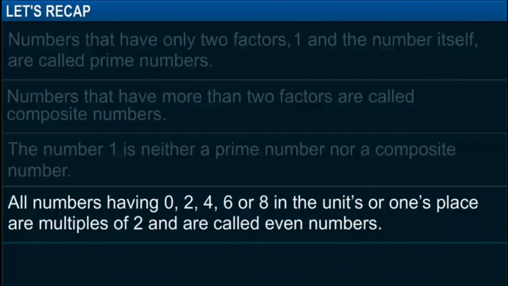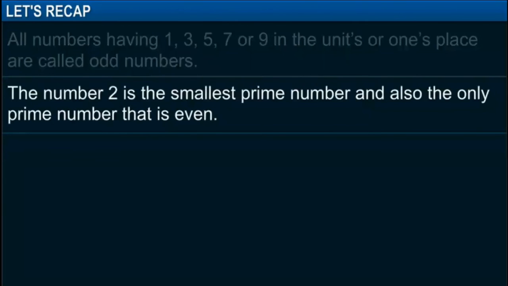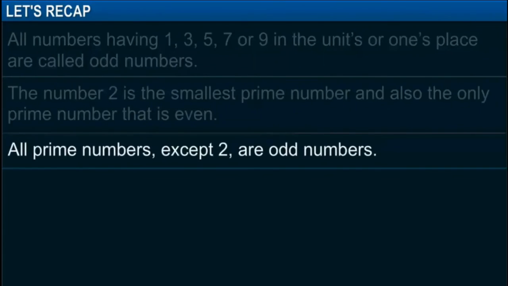The number 2 is the smallest prime number and also the only prime number that is even. All prime numbers except 2 are odd numbers.